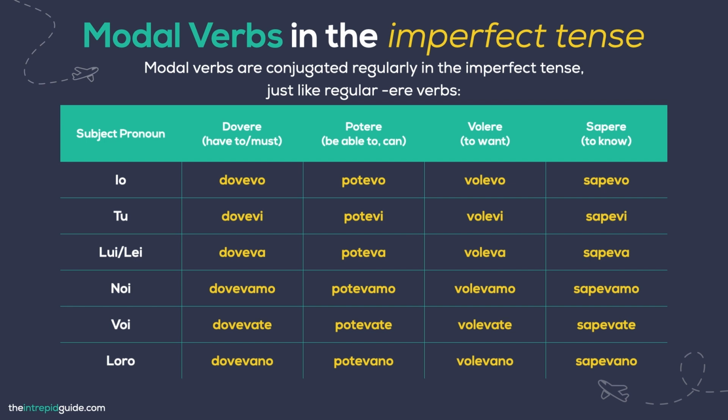Volere, to want: volevo, volevi, voleva, volevamo, volevate, volevano. Sapere, to know: sapevo, sapevi, sapeva, sapevamo, sapevate, sapevano.